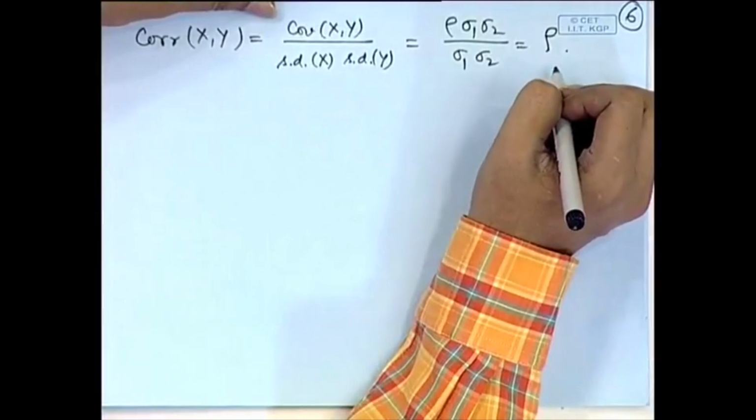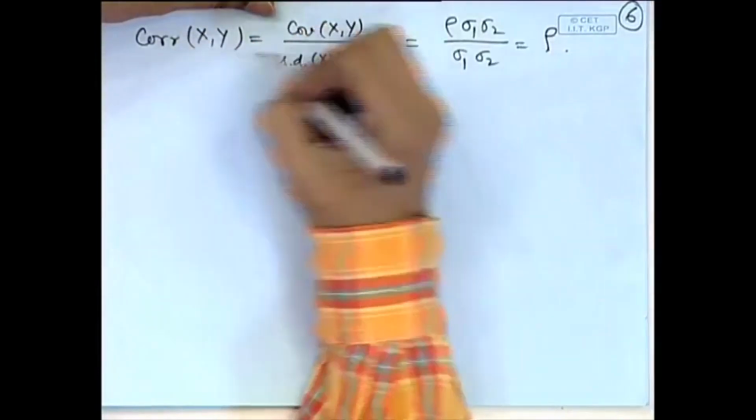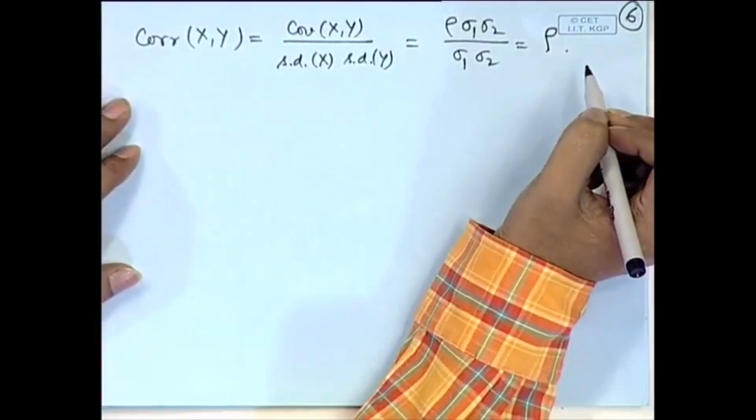So, the parameter rho of a bivariate normal distribution denotes the correlation coefficient between the random variables x and y.